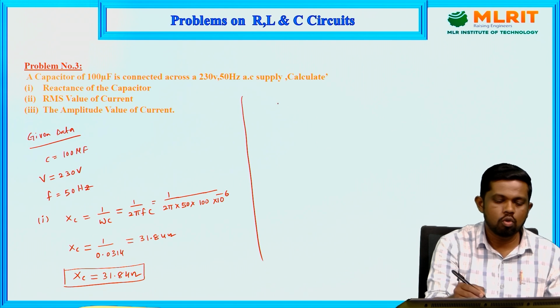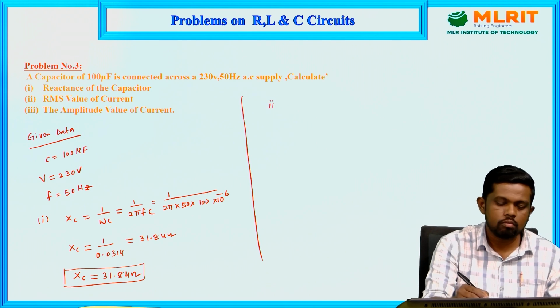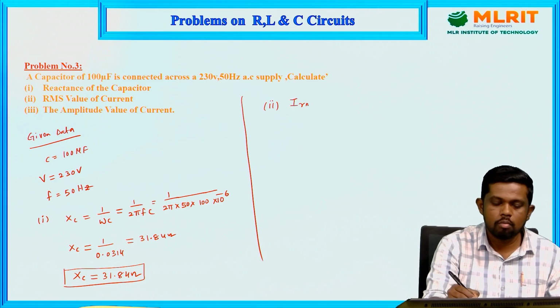So next, the second question, the RMS value of current. We know the RMS value of an alternating signal or sinusoidal waveform is Im by root 2.